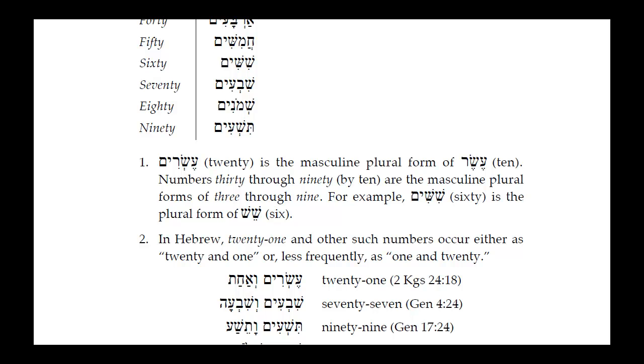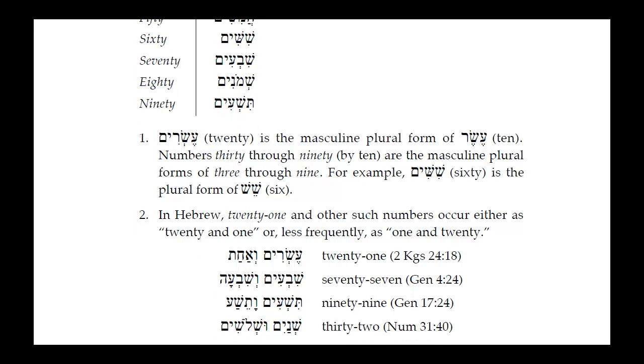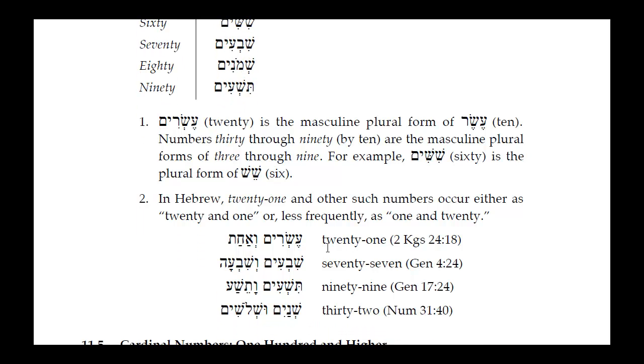Now, in the Hebrew, 21 and other such numbers occur either as 20 and 1, or less frequently as 1 and 20. So here we have one in 2 Kings 24:18. It is Esrim ve'echat, 20 and 1. Shiv'im ve'shiv'ah, 70 and 7.